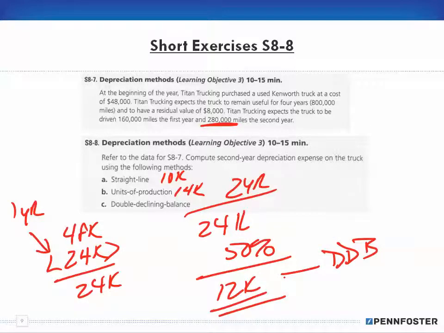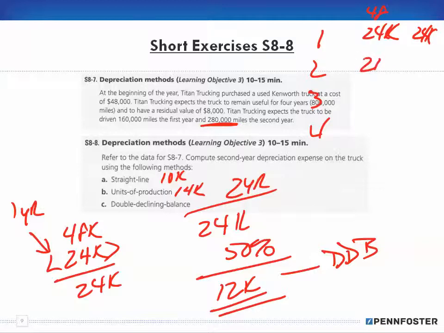Again, since my numbers worked out in years 1, 2, 3, and 4, I started out with 48,000 less my 24, which means I ended up with 24.